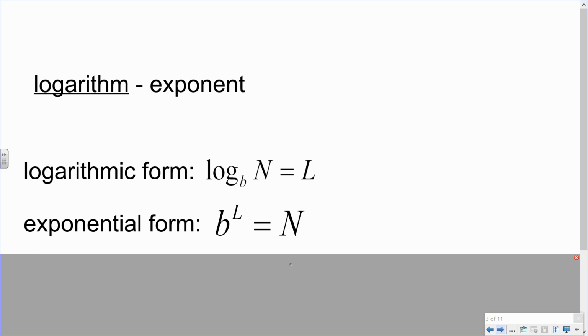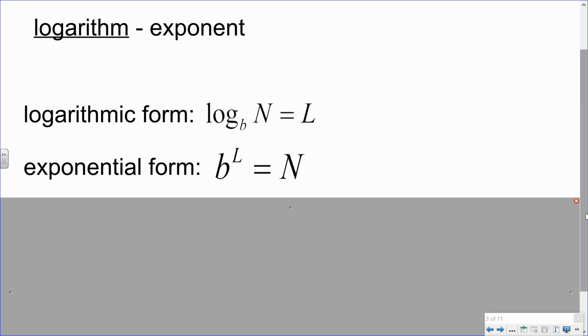And log means exponent, so this first equation, log equals L, so the log is L, so L is the exponent when you talk about the other form, the exponential form. It is important to remember that they both have the same base, which is b.